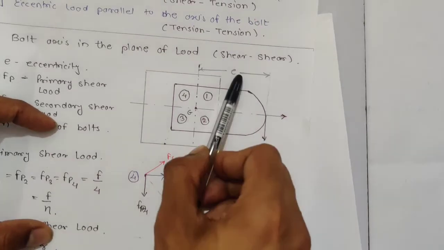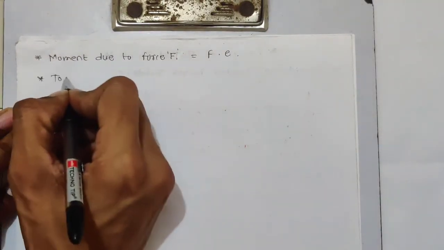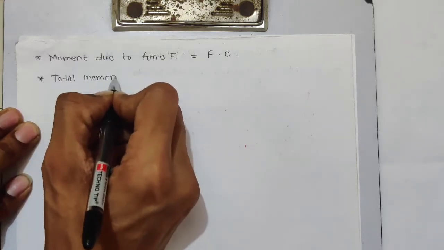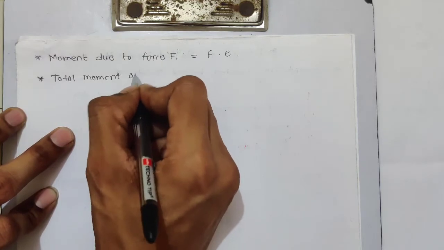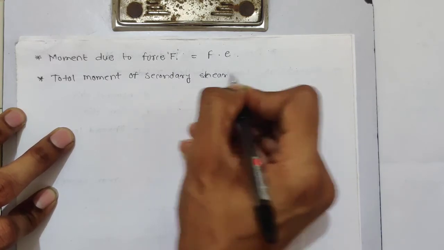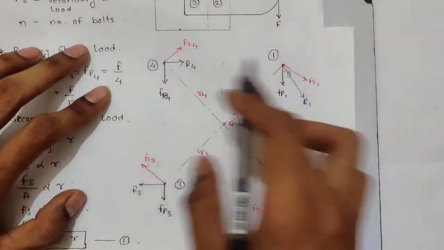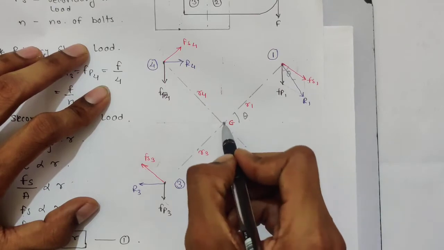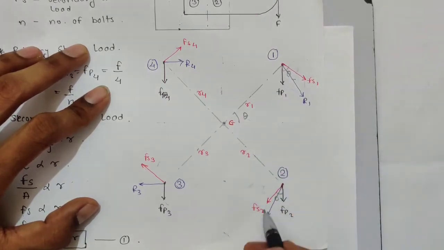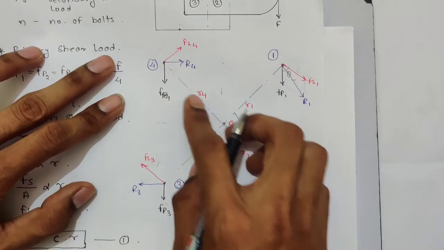It will be nothing but F into E. Similarly, I want to find the total moment of the secondary shear loads. Fs1 causes a moment at the CG, that is Fs1 into R1, Fs2 into R2, Fs3 into R3, and Fs4 into R4.